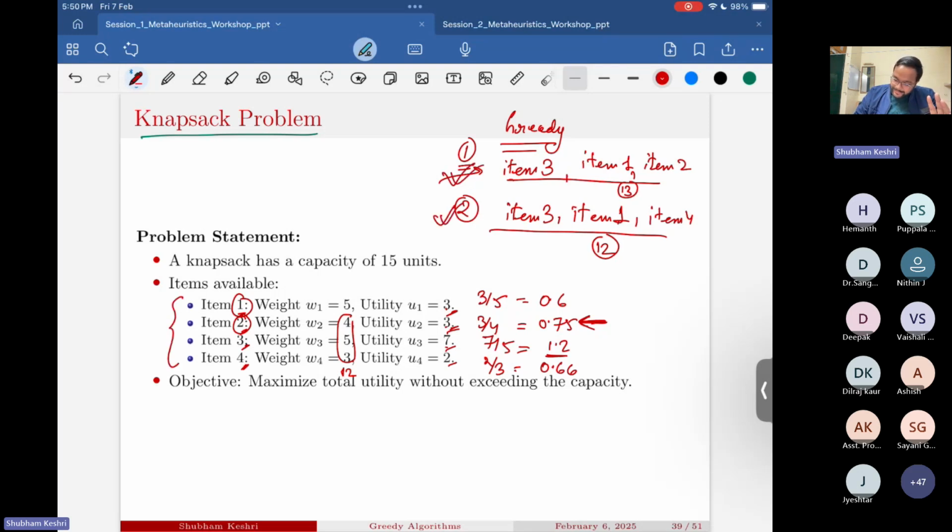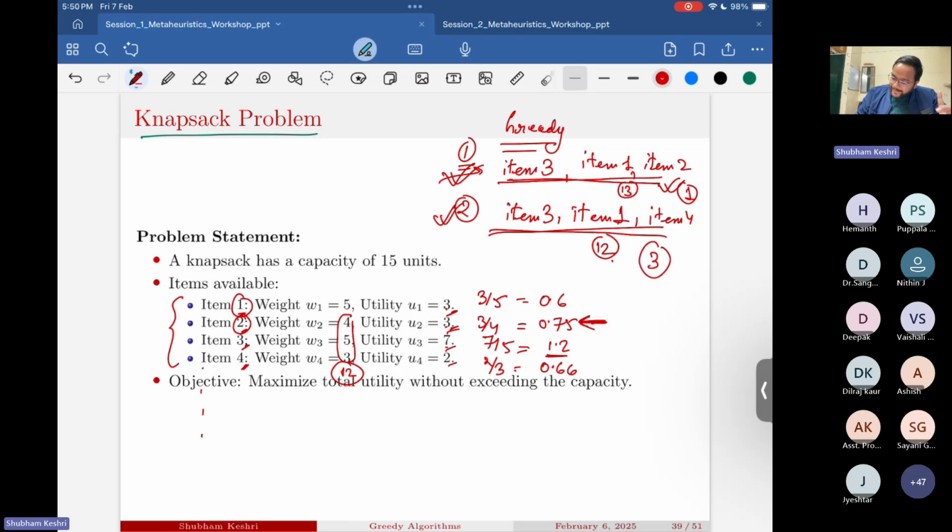Since this is a small problem, you are seeing this difference. Suppose there were more items, you would have actually seen that this approach is better than this approach, because in this approach you have a remaining weight of 3. According to this approach, you only have a remaining weight of 1 unit.